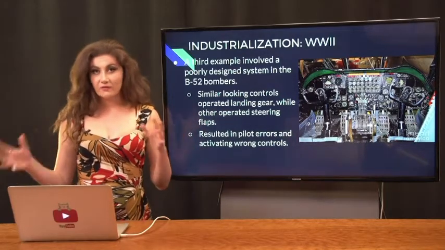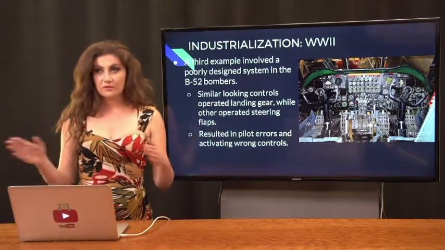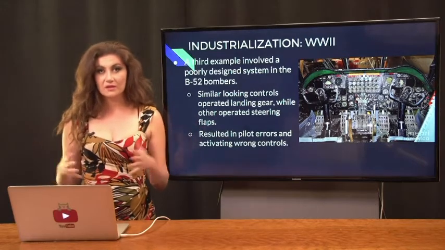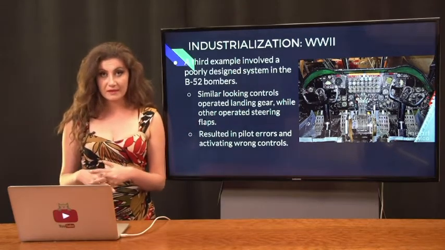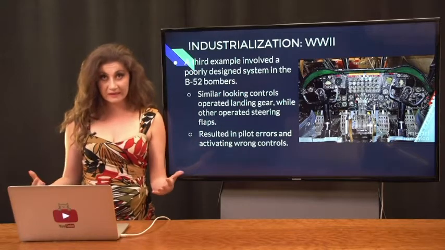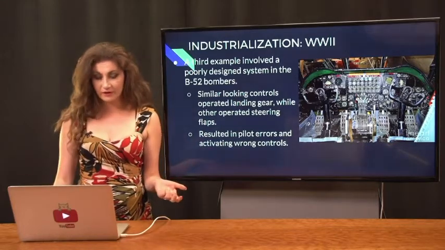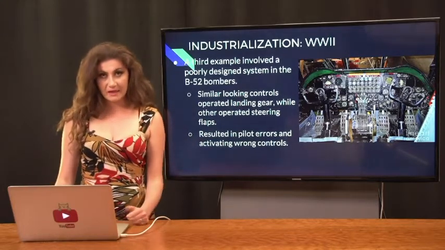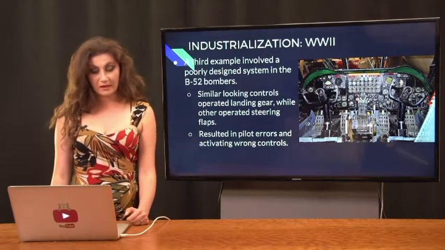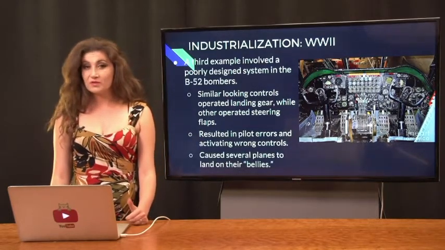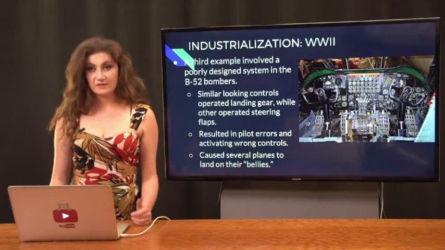You're trying to avoid all this risk, trying to avoid certain things flying at you, obstacles, all of these kind of things. So granted, your adrenaline kicks in and you might pull the wrong lever. So pilots actually ended up operating the wrong controls. And this caused several planes to land on their bellies instead of to safely land.